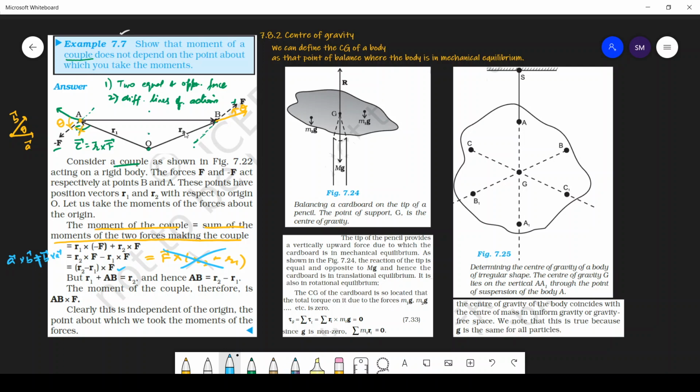Now what is R2 minus R1? So this is your R2, this is your R1. What will this side be? This is R2 minus R1.